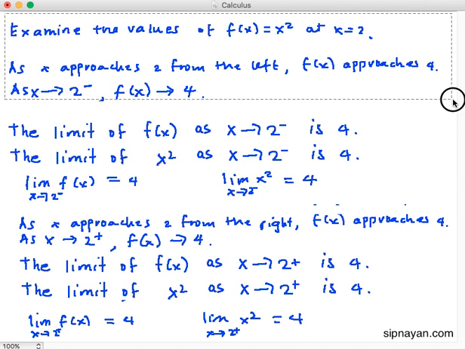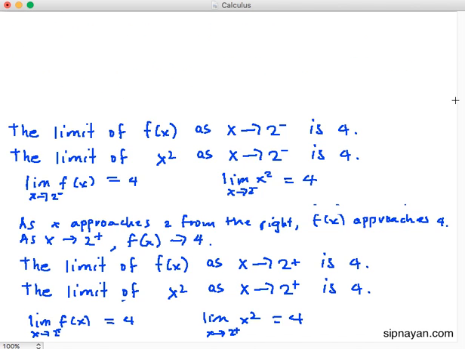Now before tayo mag-end, gusto kong sabihin sa inyo that if the limit of a function as x approaches a value from the left is equal to the limit of that function as x approaches that value from the right, then the limit is equal to that value.